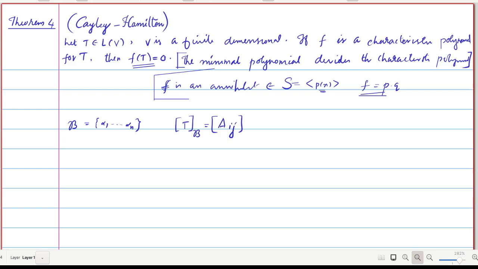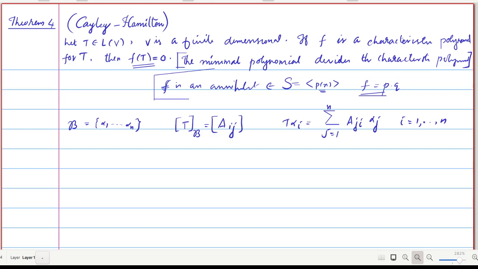We define this Aij in such a way that T alpha i is equal to the summation over j from 1 to n of Aji alpha j. This is true for i equal to 1 to n, with j varying from 1 to n. This is the definition of the matrix of T.